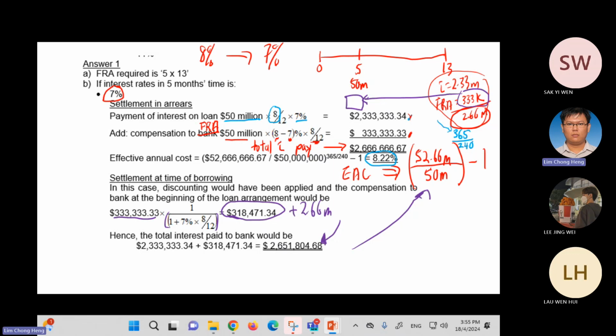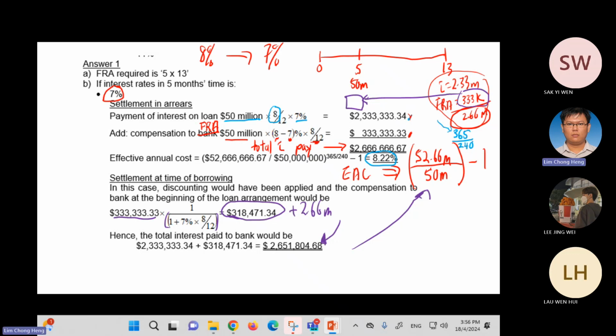So, if you're using the forward contract, if you do the past questions or read the textbook, you will see that if the question is asking about forward contract, it will not ask you to calculate the hedge efficiency ratio, HER. Why? Because the forward contract is a customized contract for you, so you don't have the basis risk.